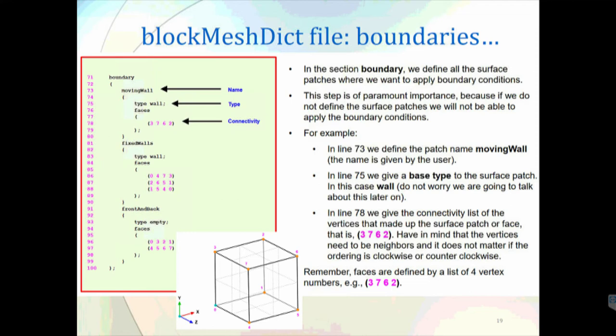The normal will not point inside the cell. So we have to either use 0473 or use 4730 and so on and so forth. But you have to check for each of the faces that the faces have been described using the right hand rule. Otherwise, your case will not run.